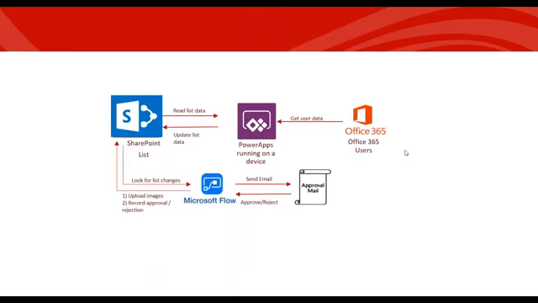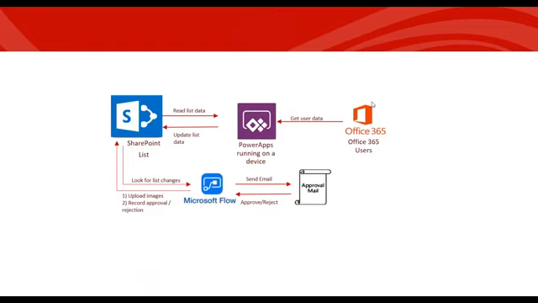Okay. So to begin with, you start your Power App on a device, for example, your mobile phone, your laptop, or your tablet. And what happens then? This app allows you to claim your expenses. So it allows you to create requests to claim your expenses. Okay, and behind the scenes, the Power App is connected with two data sources.